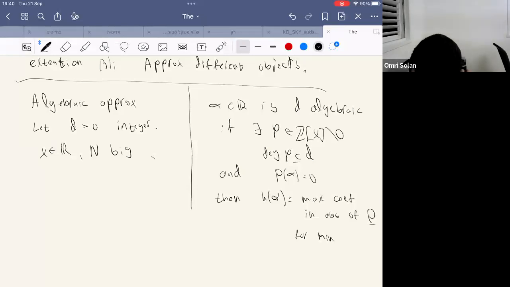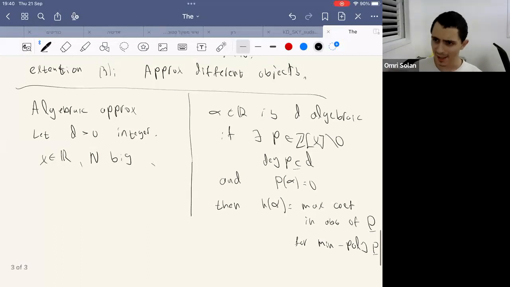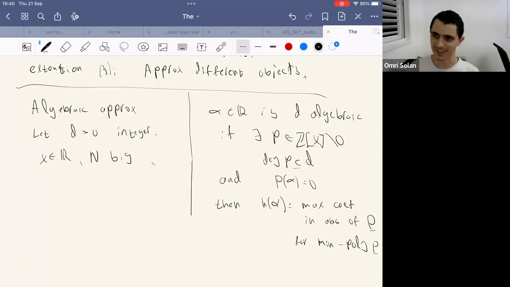We choose the minimal polynomial. The collection of polynomials vanishing at alpha has some minimal one. We choose the minimal degree, and there is exactly one after multiplication, so we can define a height. It really doesn't matter what exactly the height is, but there is one natural p, and we choose that one. Does that make sense? Okay.